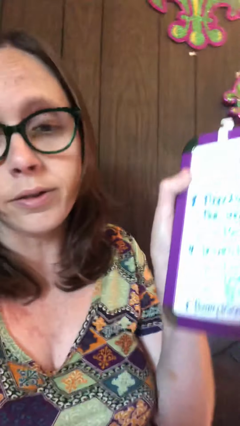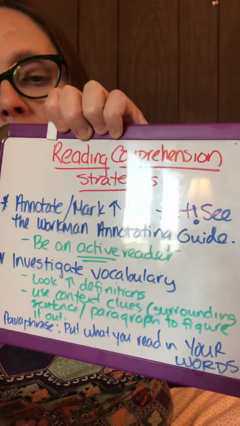You can also use context clues. And context clues, as you can see, context clues are using the surrounding sentence and paragraph to try and figure out what a word means if you're unfamiliar with it. And again, all this information is going to be put in a PowerPoint that will go in Google Classroom. So do not despair if I have lost you at all.